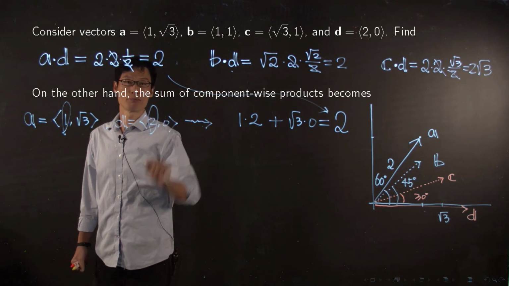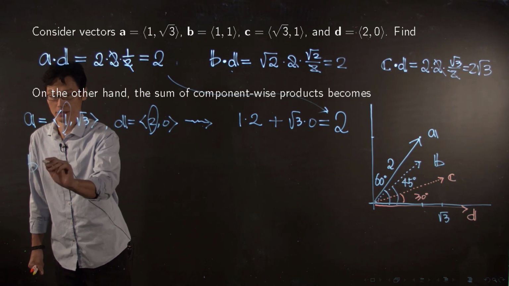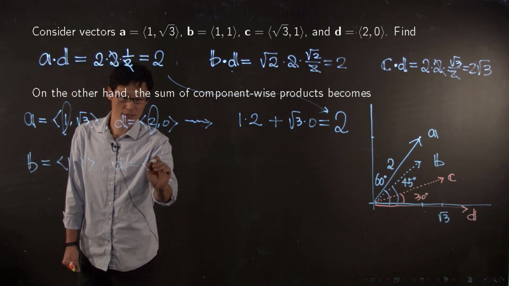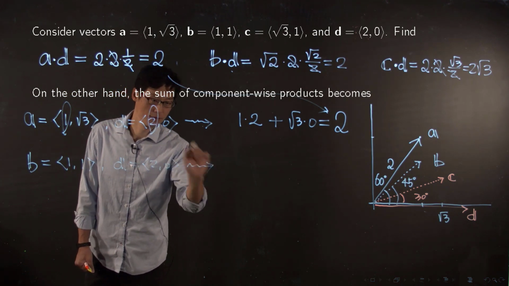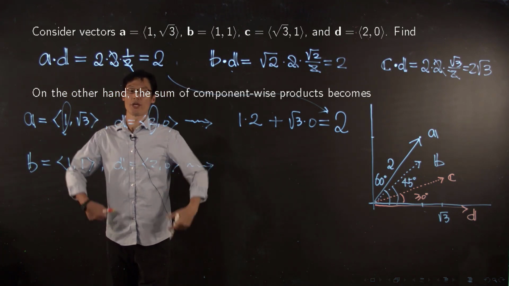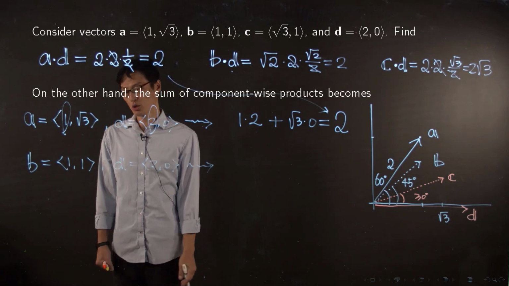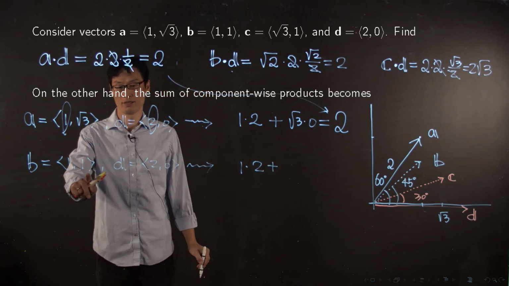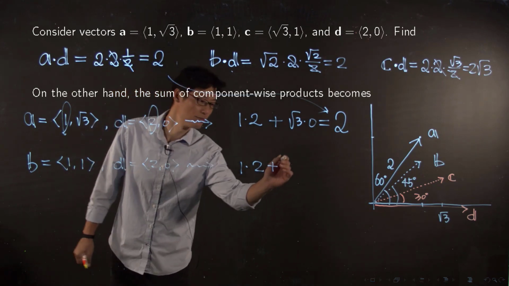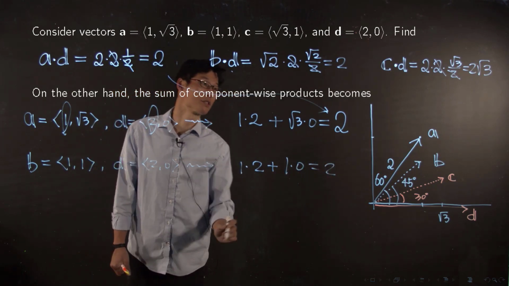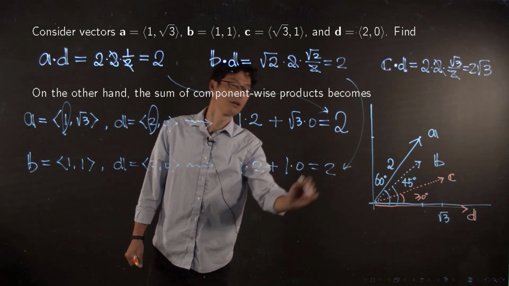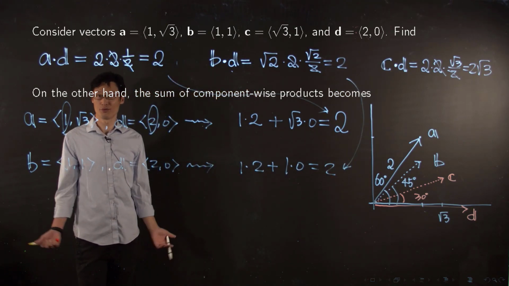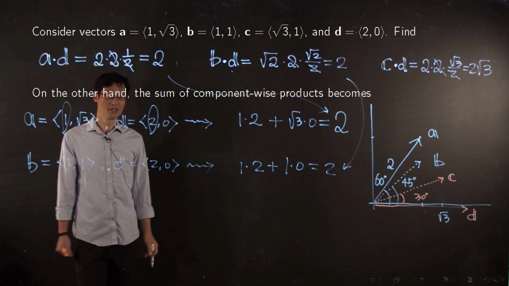For the second pair, B and D, vector B has coordinates 1, 1. You take the component-wise product, 1 times 2, and then 1 times 0. Again, this result is exactly the same as the dot product of the two vectors. Do you think it's just a coincidence?